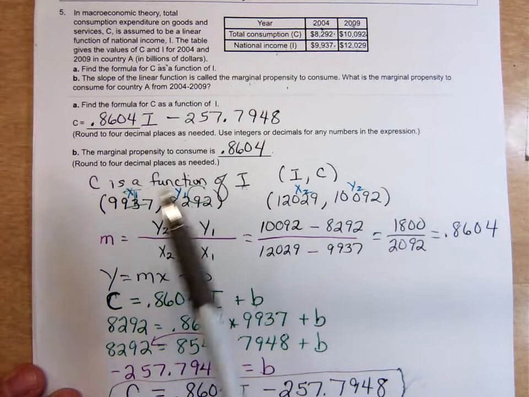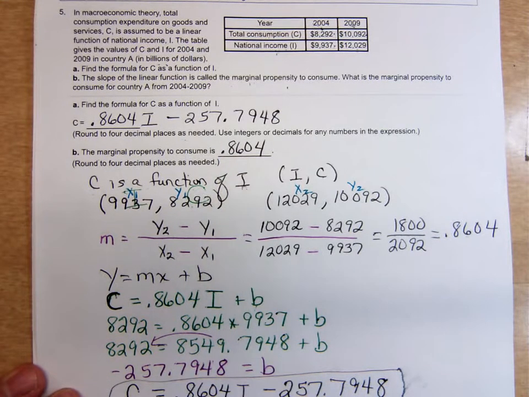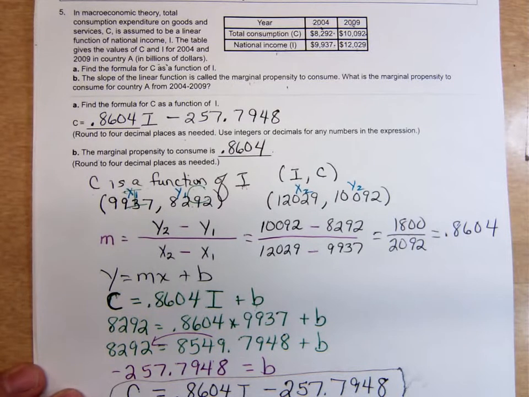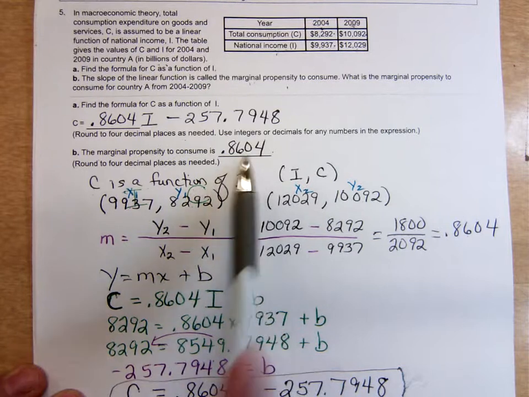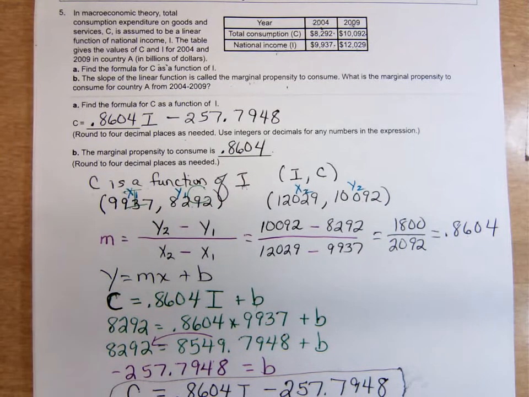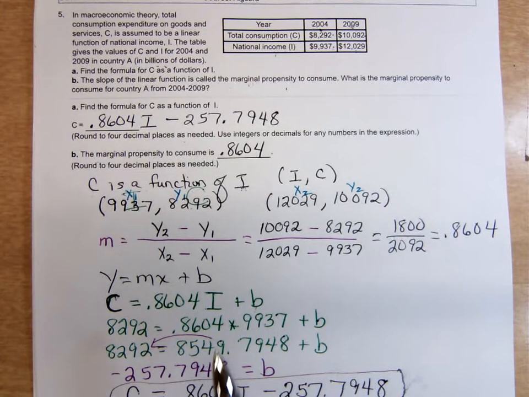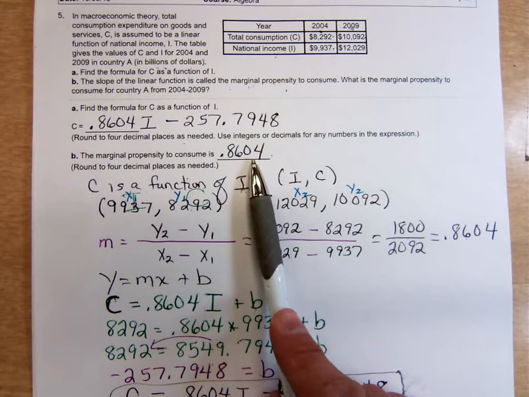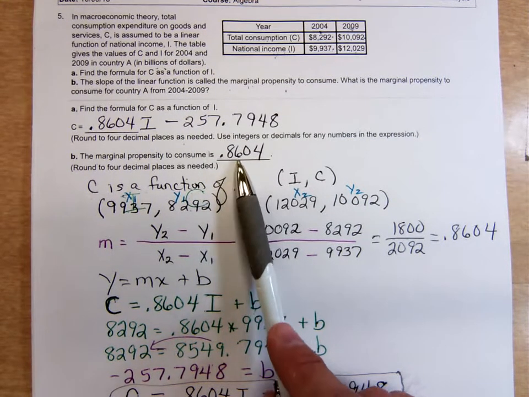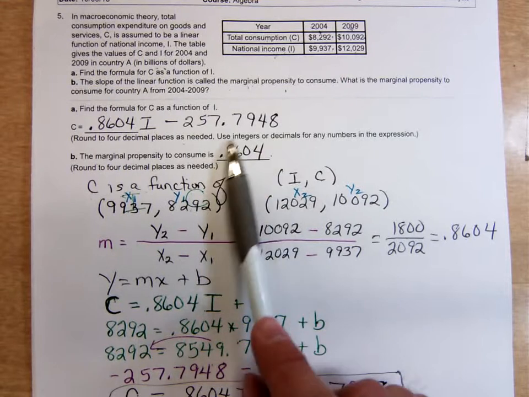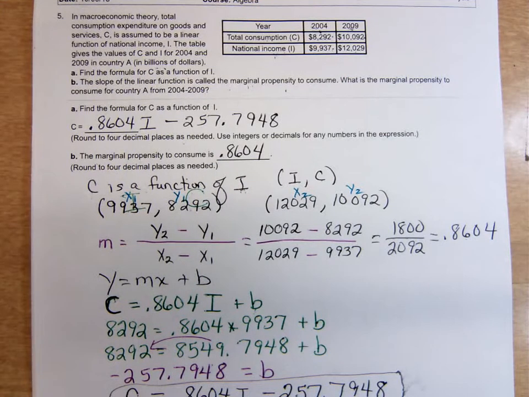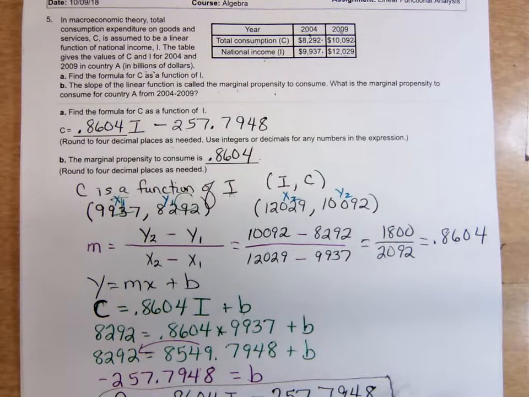They're spending 0.8604 of every extra dollar that they get. So that's how much they're consuming. So they're saving a little less than 14 cents of each dollar. As the income goes up, this nation is spending over 86 cents of every extra dollar they're getting. Okay? So some nice little economics there.